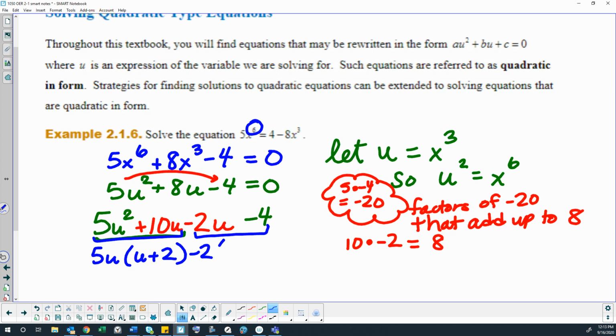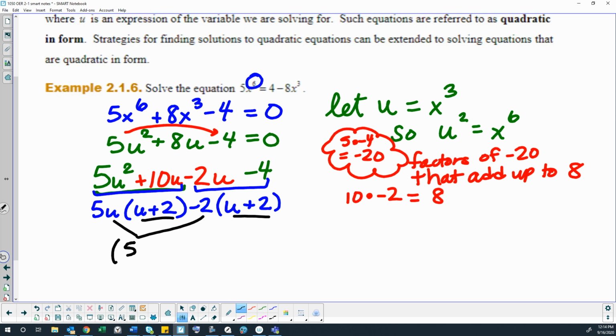Yes, perfect. If we take out a negative 2, that leaves us with a positive u, and a negative 4 divided by a negative 2 is a positive 2. These should match. If they don't match, then this method doesn't work. And then you add 5u. We put these together, so we have 5u minus 2 together. It's like we're factoring out the u plus 2. So we're taking this one out, and we're taking that one out, and we're left with those. This is called factoring by grouping.